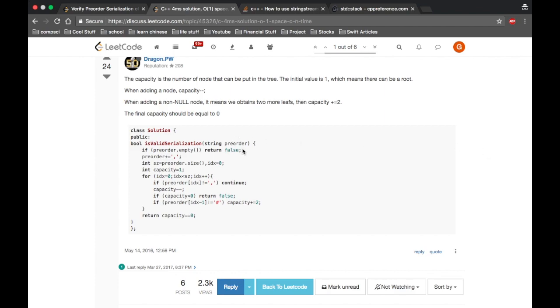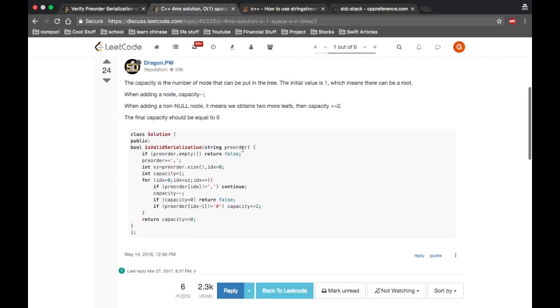Okay, so first of all, basically the gist of it is you start processing from left to right, and every time you add a node, you minus 1. So you have like a capacity.